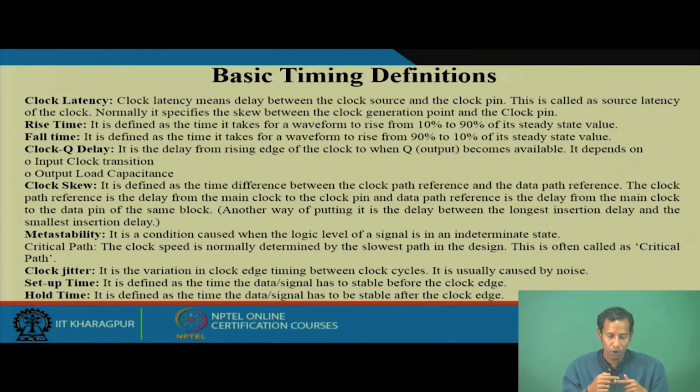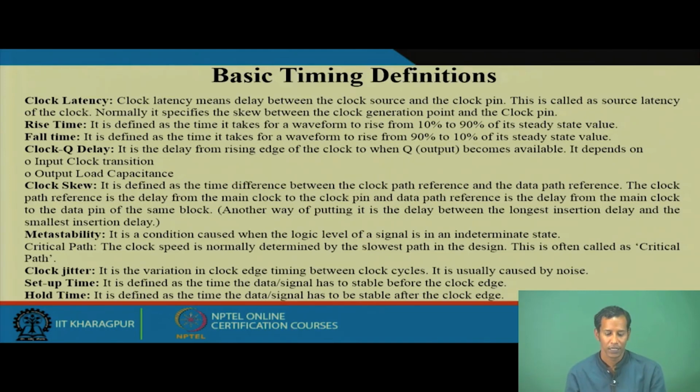The clock should come externally. If you are not generating your clock inside the core, the external source of the clock comes to the pad, and from the pad to the pin of your core. It needs some time, since it is connected through wires, so it will have some delay, which is considered as the clock latency.